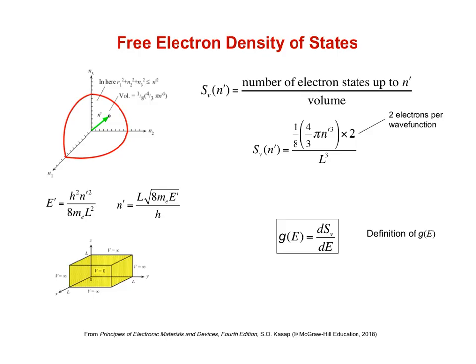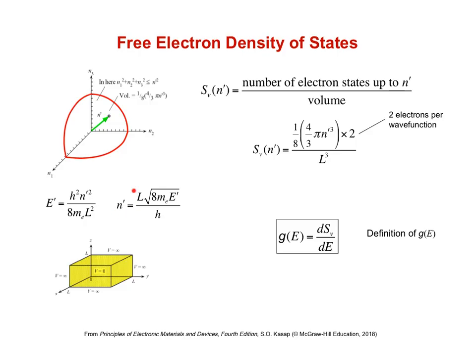We wish now to convert from a function of the quantum number n to actual energy E. We do this using the relationship between energy and our energy quantum number, where we solve for the energy quantum number in terms of energy, moving the 8 m of the electron over and taking the square root, and then we end up with h and L now at the bottom and the top.